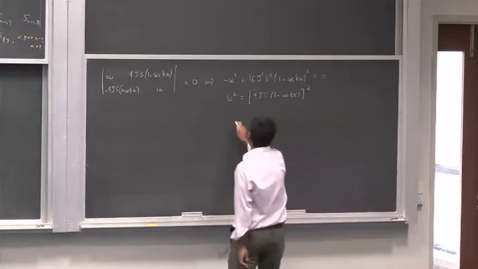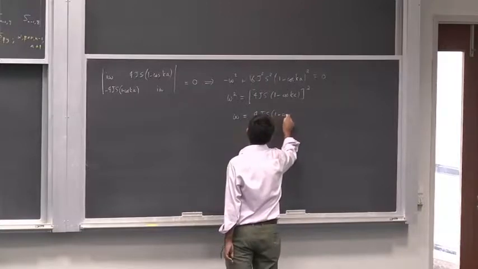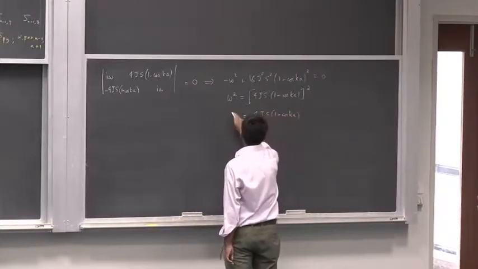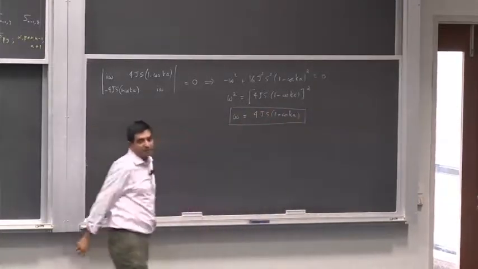My omega is 4Js (1 minus cosine Ka). This is my dispersion relationship.